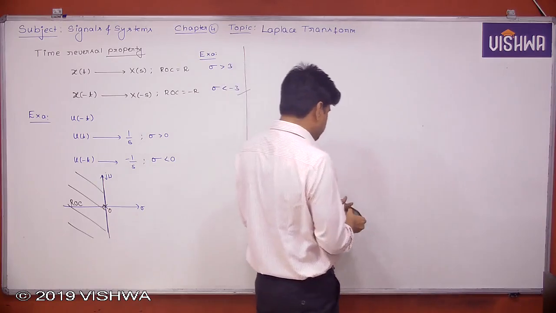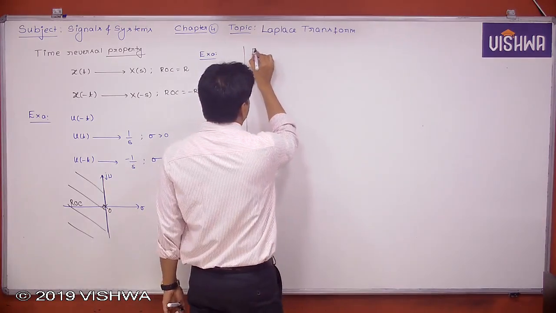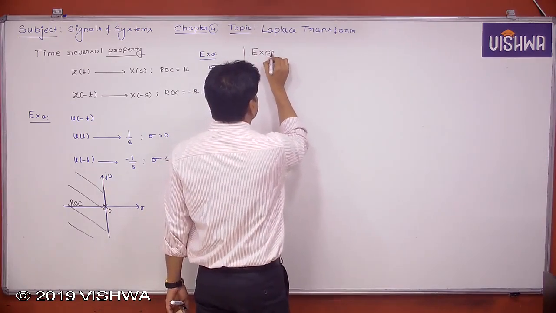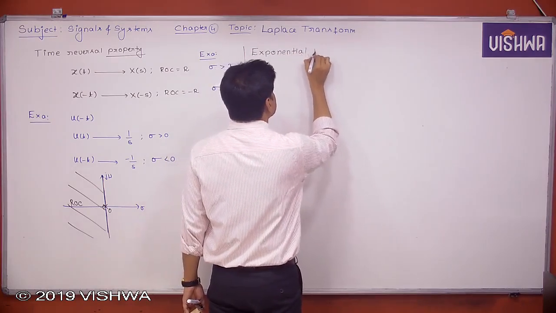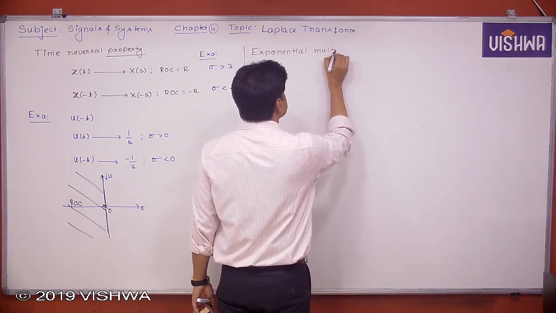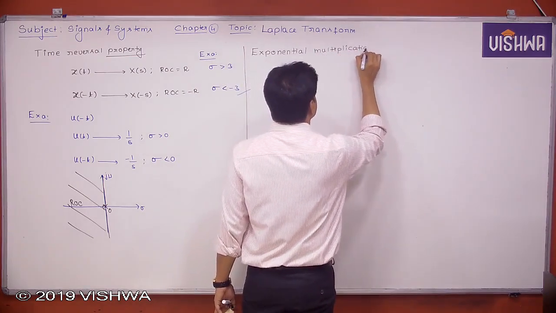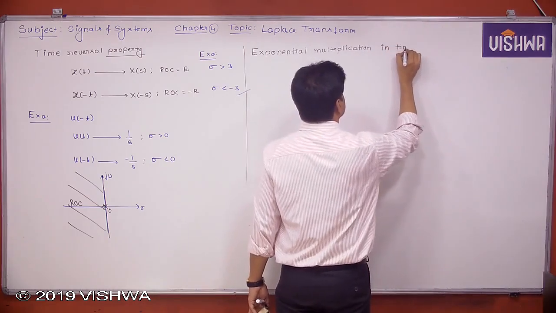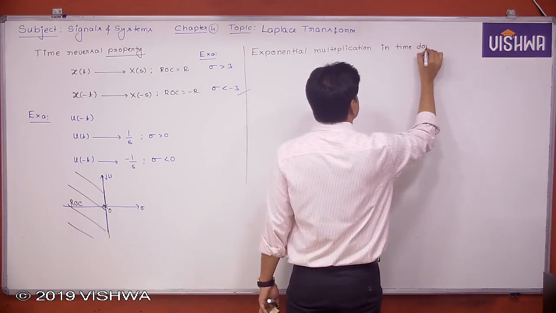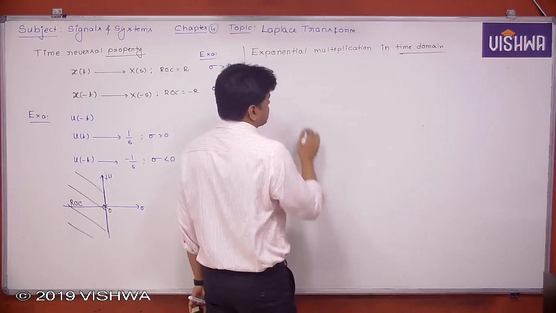Next property: exponential multiplication in time domain. What is this property? Let's see.